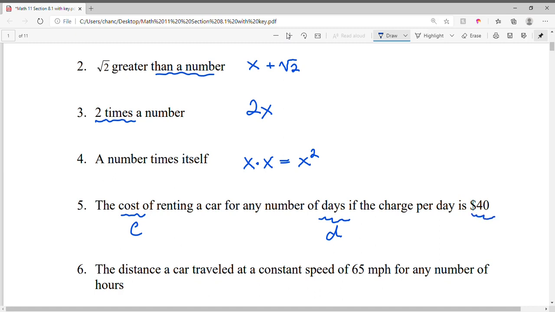So we're going to create an equation. This is the correct equation. C is equal to 40 times D. For each day it costs $40. So for 2 days you can plug in a 2 here, and 2 times 40 is $80. So this equation holds true for the number of days if it costs $40 per day.